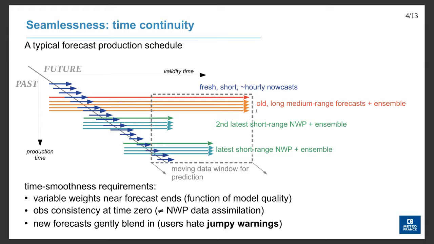As new forecasts are introduced in the update of the forecasting products, we want to avoid discontinuities, and we want to avoid jumpy warnings. That is, we don't want to issue a warning that we'll have to cancel and reissue a few hours later. That's very inconvenient for many users. Another requirement of time continuity is that the forecast products should relax to the observations as the forecast horizon tends to 0.